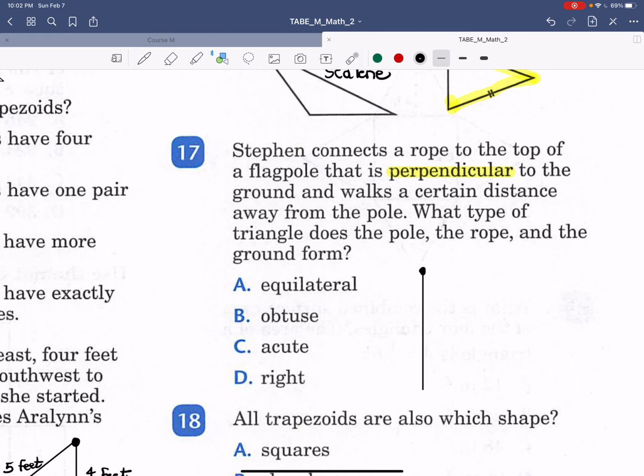Okay, so the rope is hanging down here. Maybe Stephen is right here. And here's the ground. So here's the pole that is perpendicular to the ground. Here's the rope that's stretched down there, and here's the ground. What type of triangle? If it's perpendicular, it's a right triangle.